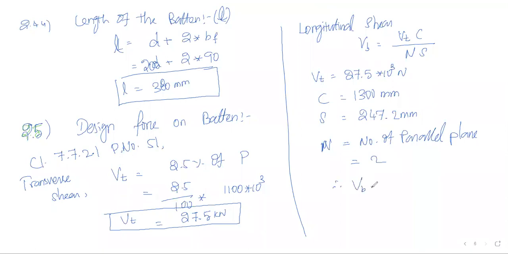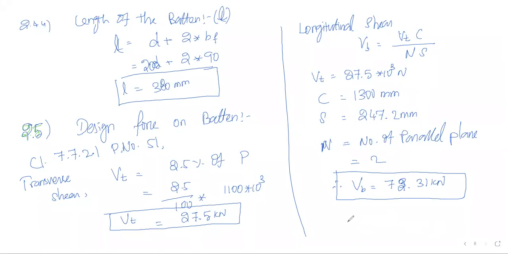Therefore Vb is equal to 27.5 into 10 cube into 1300 divided by 2 into 247.2, which becomes 72.31 kilonewton, the value of Vb.